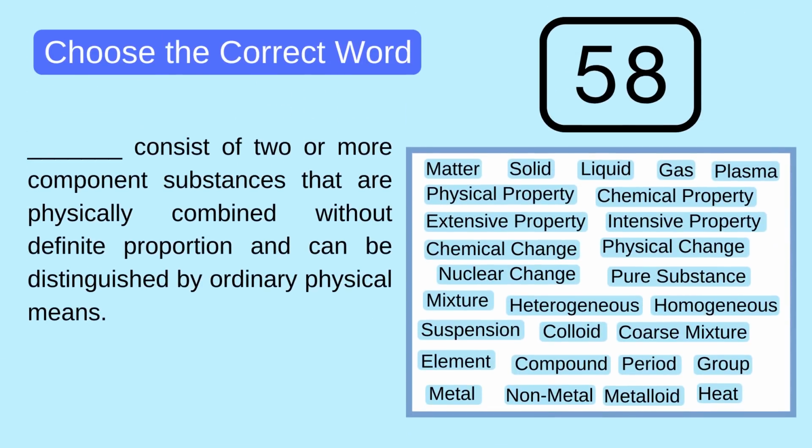Blank consists of two or more component substances that are physically combined without definite proportion and can be distinguished by ordinary physical means.